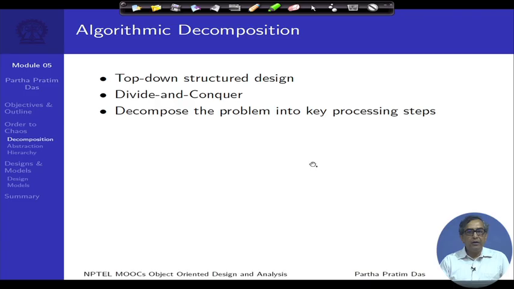So, algorithmic decomposition, this is certainly the most fundamental, oldest. This has been around for a very long period of time, and it is primarily a top down structured approach, that given a problem we can divide it into two or more, usually a number of different sub problems which are simpler in nature and whose solutions together can solve the whole problem.